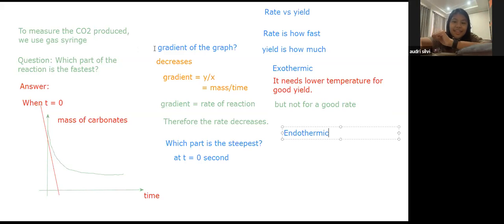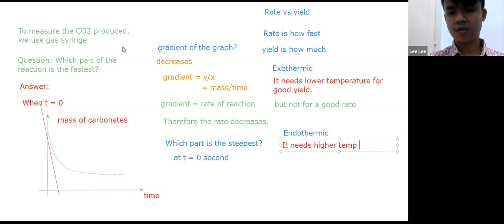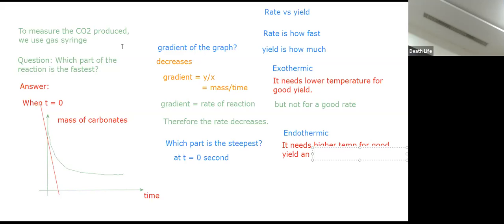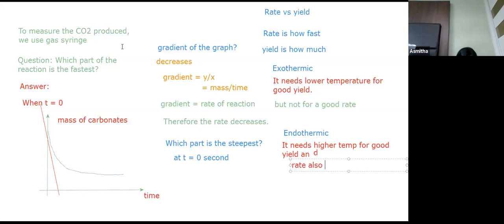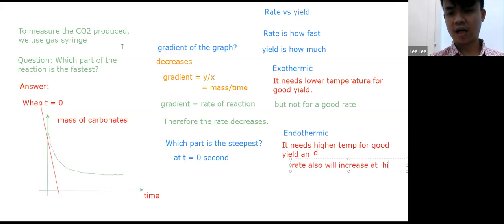For endothermic, it needs a higher temperature for good yield. And a good rate, is it? If a high temperature is given, the rate also will be better, and the rate also will increase at a higher temperature.